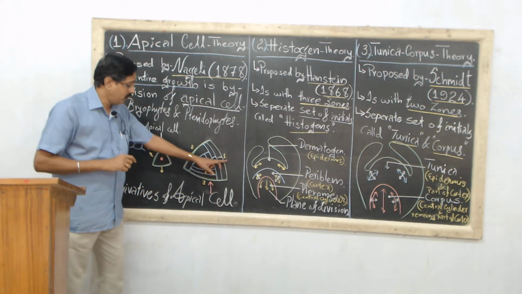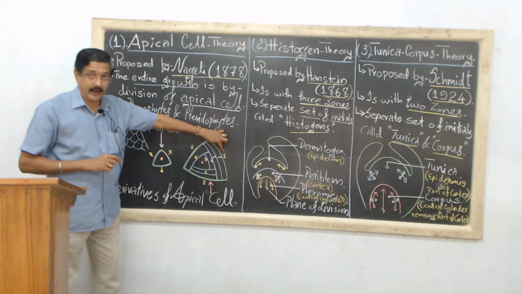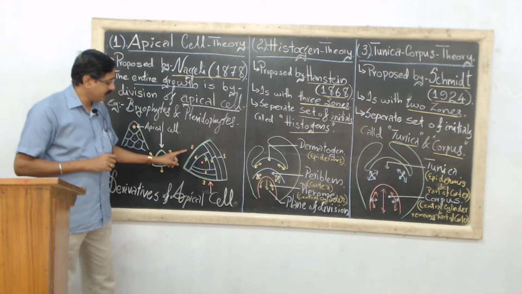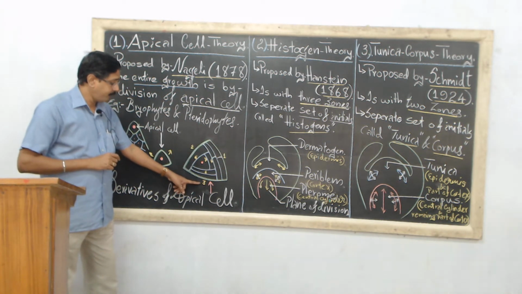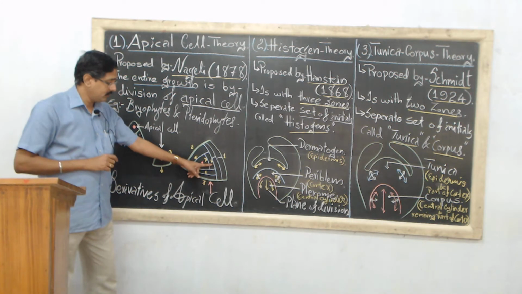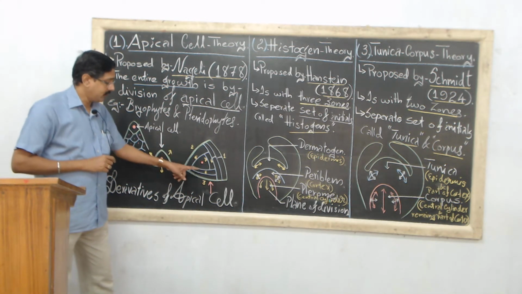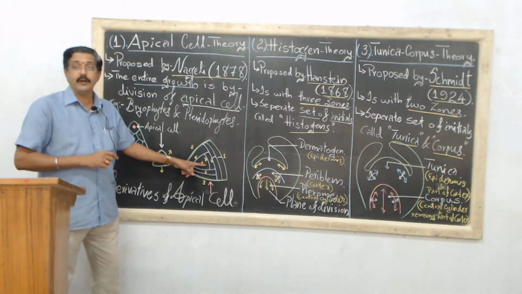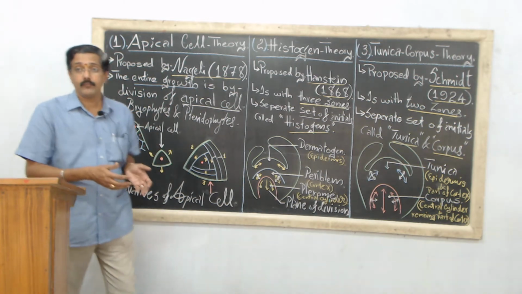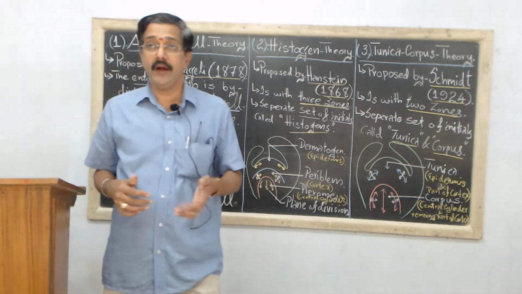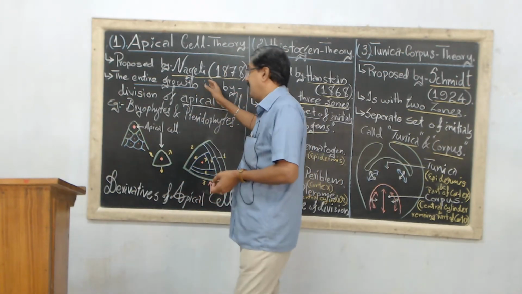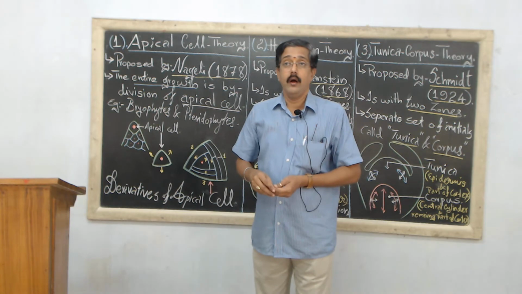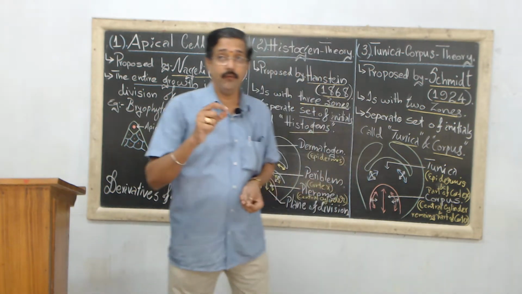It shows the first plane of division indicated as 1, the second as 2, the third as 3, and subsequently the fourth, fifth, sixth and seventh divisions. This is explained very well by Nageli in connection with the organization of shoot apex.